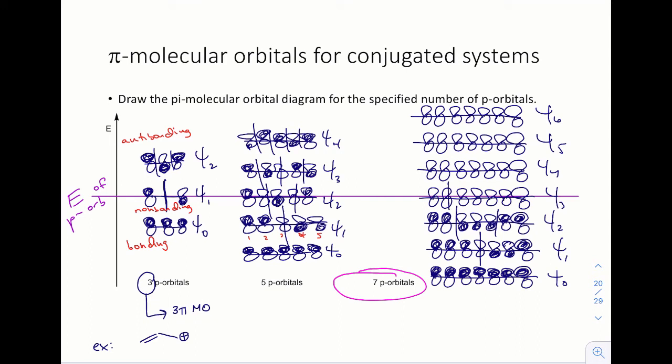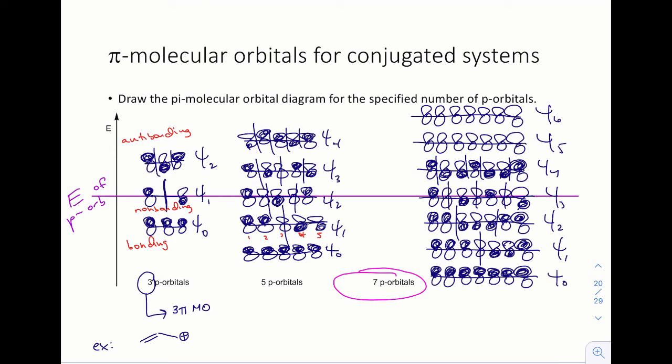Psi3 has nodes on atoms 2, 4, and 6, with phase changing across each node. Psi4 has nodes between atoms 1 and 2, 3 and 4, 4 and 5, and 6 and 7.